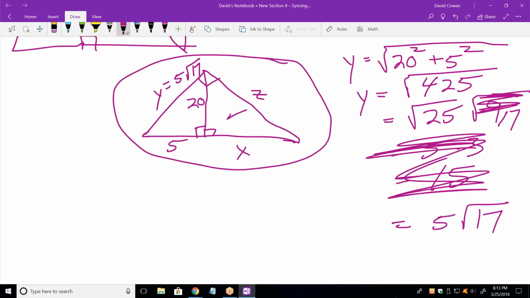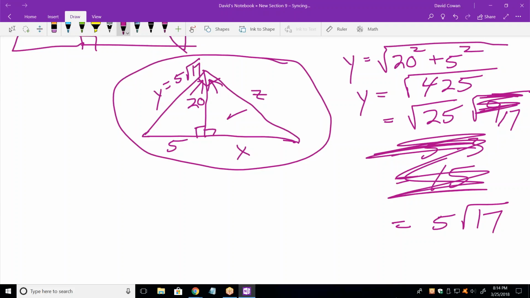Because we can solve for that angle. And once we solve for that angle, we'll know what this angle is. Once we know what that second angle is, then we'll be able to solve for x and z. So let's first solve for that left angle.